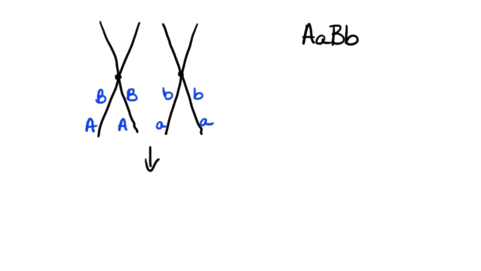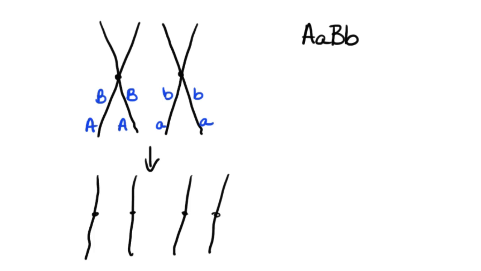Or in other words, if we just draw directly down here what we would expect to get in our 4 chromosomes when they separate into 4 different gametes, we would expect that this is what we're going to have. So we're going to have chromosomes that have both of the capital versions, and we're going to have chromosomes that have both of the lowercase versions. And again, those would get separated into 4 different gametes, so 4 different eggs or 4 different sperm.